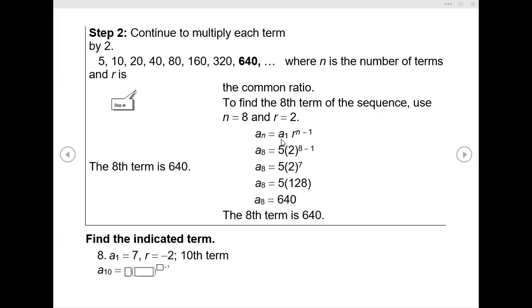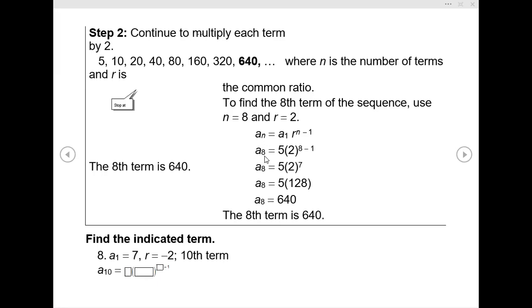And what is a_1? a_1 is the first term in the sequence. This formula is fixed every time with a geometric sequence to find the missing term, whether it is the 8th term, 10th term, 100th term, whatever.